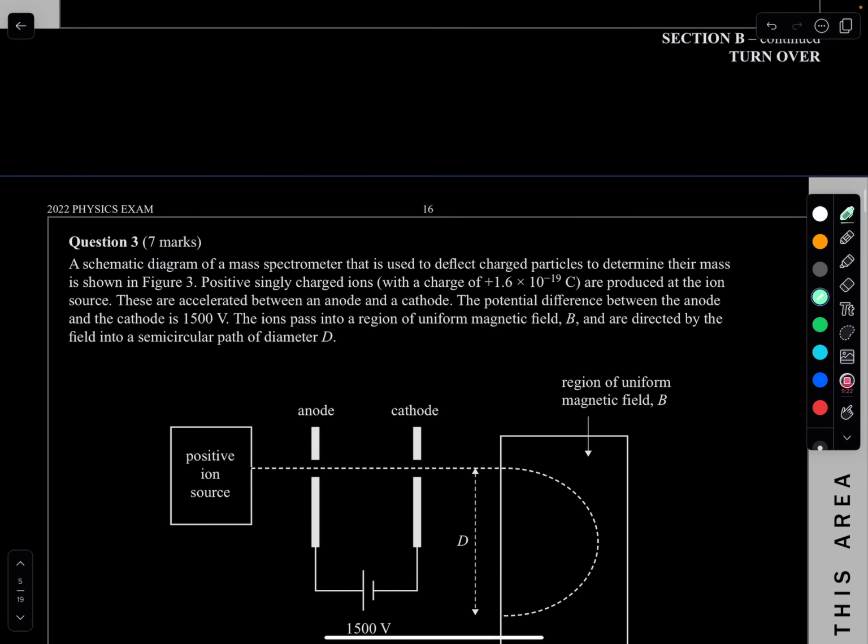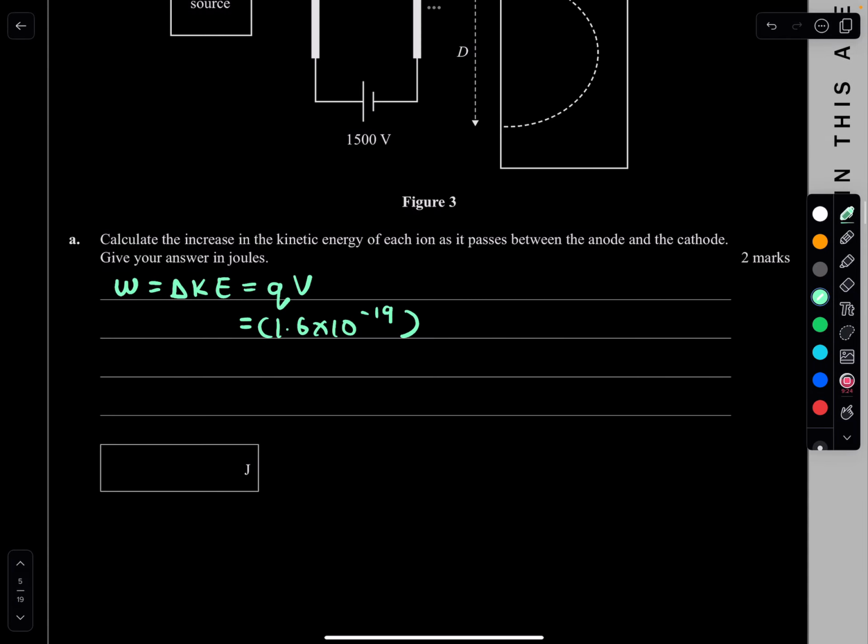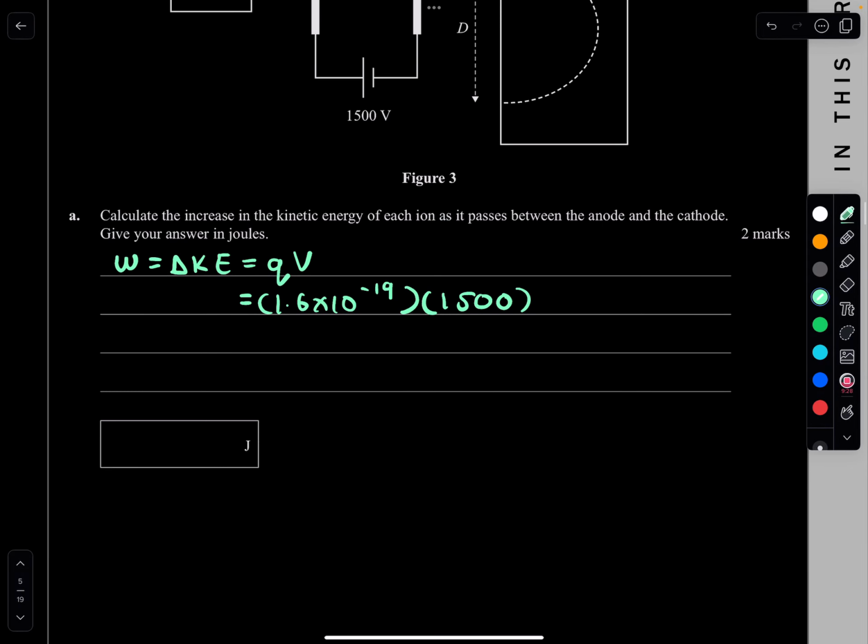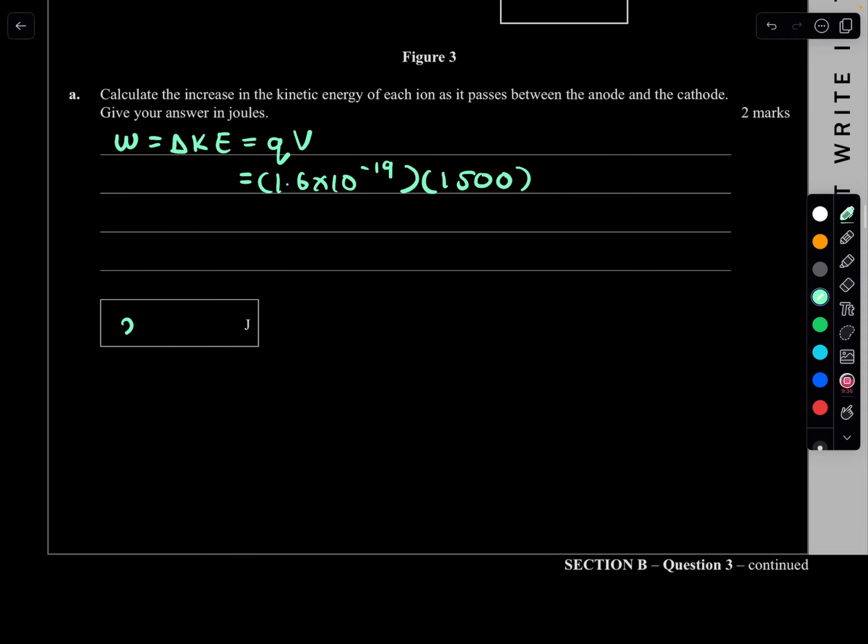Was that right? Yep. Times your voltage, which was 1,500. Let me check that again. Yep. So putting in 1.6 times 10 to the negative 19 times 1,500, that's going to be 2.4 times 10 to the power of negative 16.